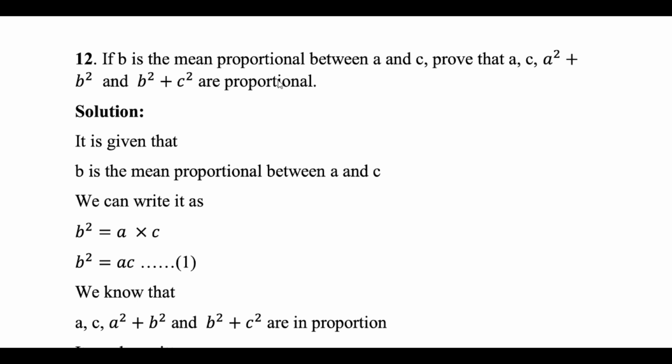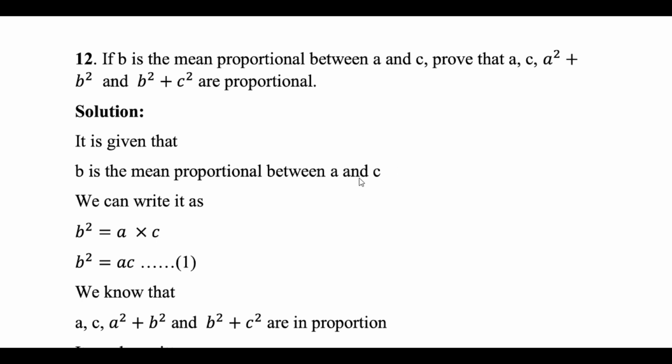If B is the mean proportional between A and C, prove that A, C, A square plus B square and B square plus C square are proportional. So it is given that B is the mean proportional between A and C. So we can write it as B square is equal to AC.